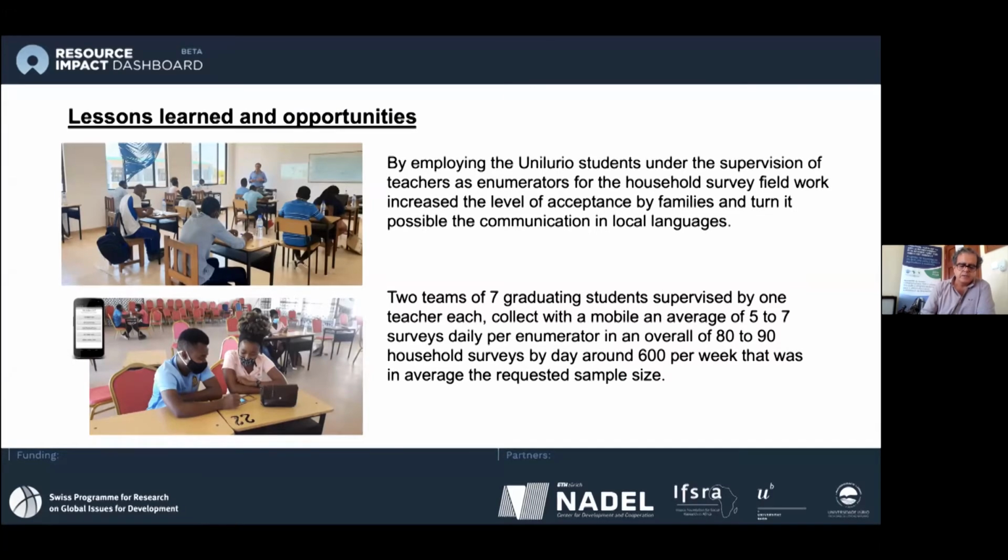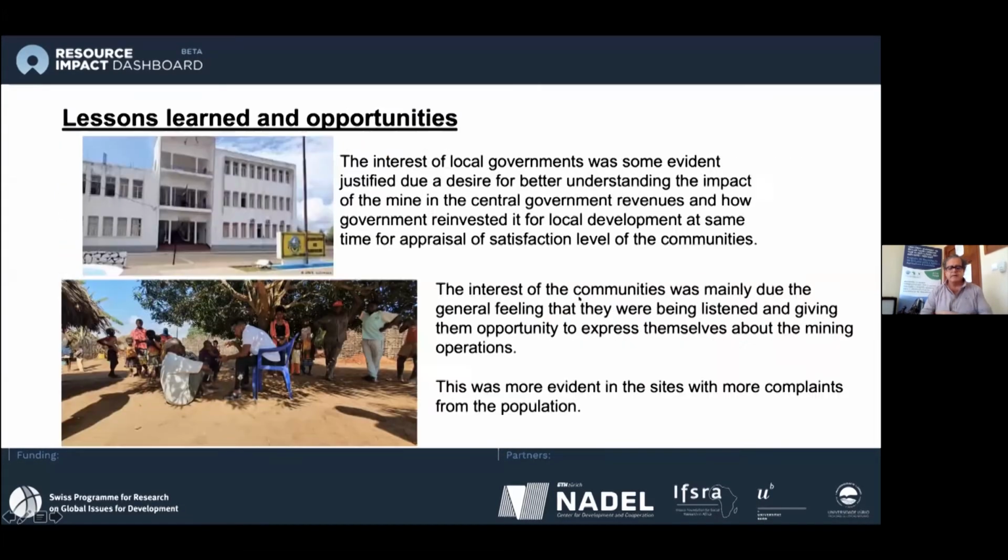The interest of local governments was evidently justified, due to the desire for a better understanding of the impact of the mine on central government revenues and how the government reinvested it for local development, and at the same time for appraisal of the satisfaction level of the communities. When in Balama, we were doing a household survey at the graphite Syrah Resources mine.